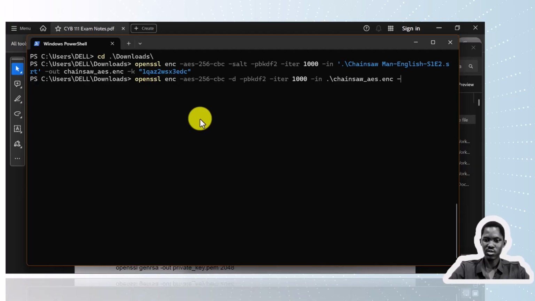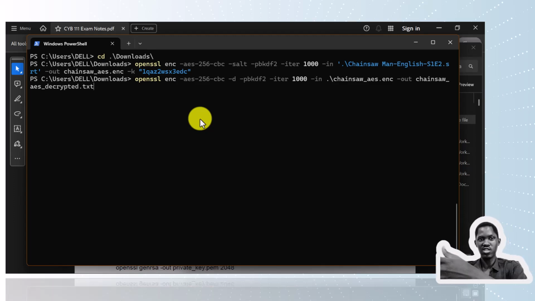What's going out is the decrypted version of it, which I want to call chainsaw_AES_decrypted.txt. So that is what I want to call the decrypted data.